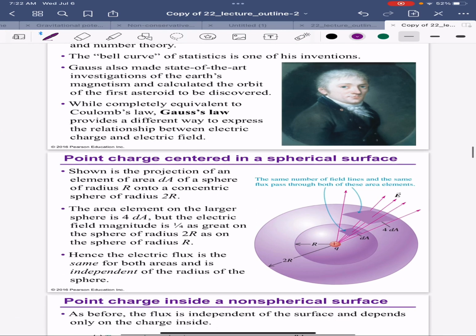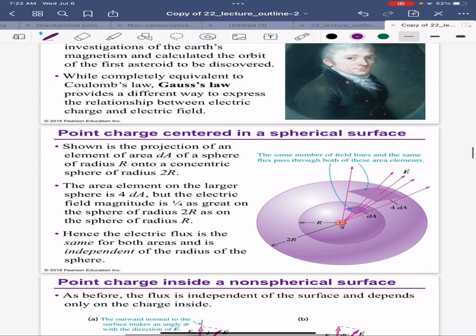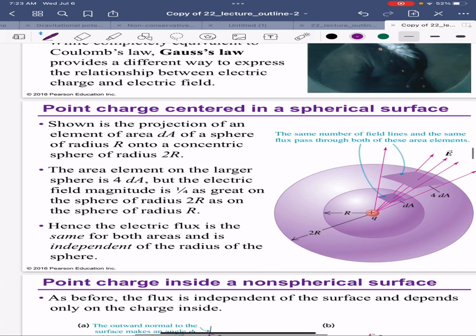It's more general, and it has provided a method for us to calculate electric fields easily for charge distributions. It also works when we have symmetry in the things that we are talking about.